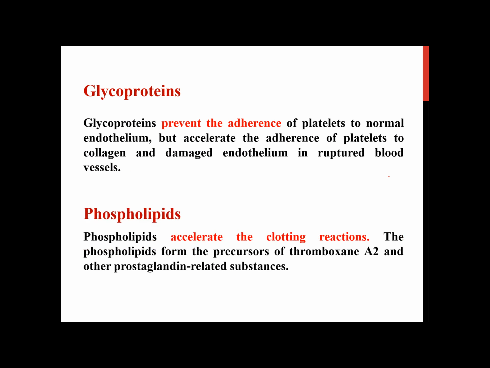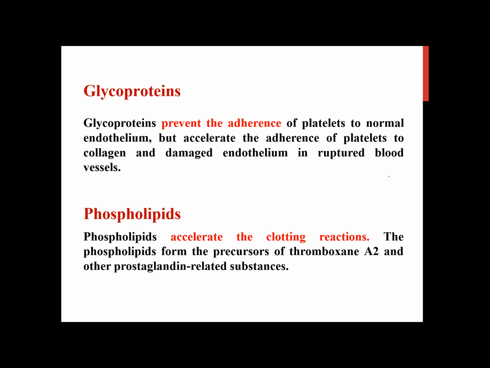Now, glycoproteins class, take note, in function, prevent the adherence of platelets to normal endothelium, but accelerate the adherence of platelets to collagen and damaged endothelium in ruptured blood vessels. So, kanina, di ba, in-explain ko yung difference between an intact and a damaged blood vessel.